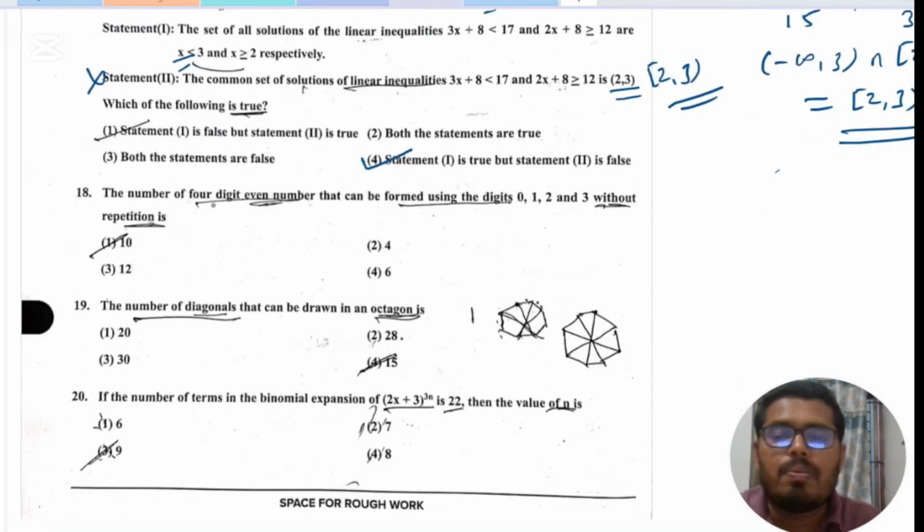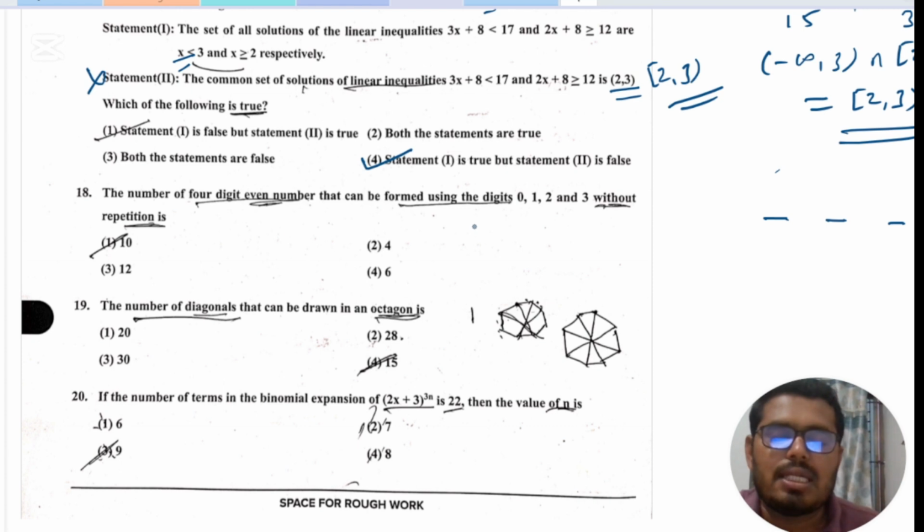The number of 4 digit even numbers that can be formed using the digits 0, 1, 2, 3 without repetition. Without repetition, they want us to form 4 digit numbers, and moreover they asked for even numbers. Okay, 4 digit numbers are there, 4 places are there to fill. If the last digit is even, then that number is even.